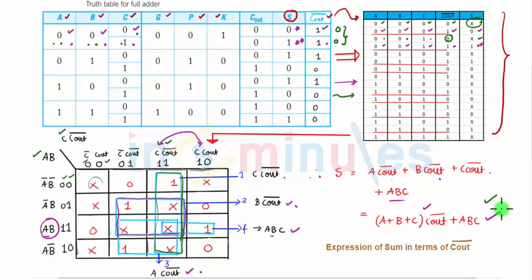I substituted all these values in my K-map and got the corresponding value of sum in terms of Cout bar, which is sum equals (A plus B plus Cin) times Cout bar plus ABC. In the next clip, we are going to see the transistor level implementation of this expression. Hope you have followed.